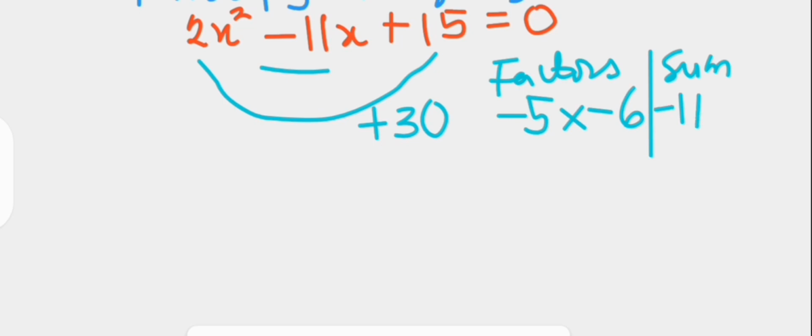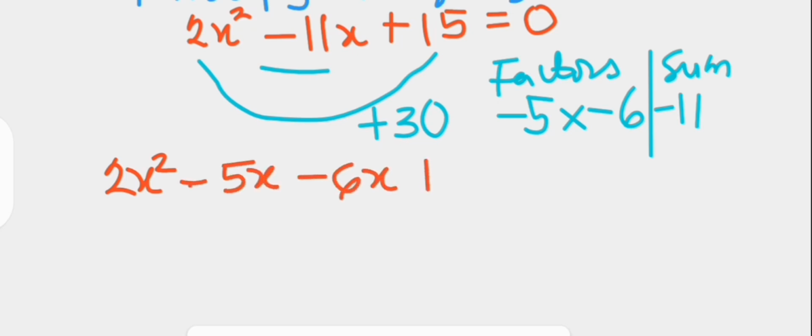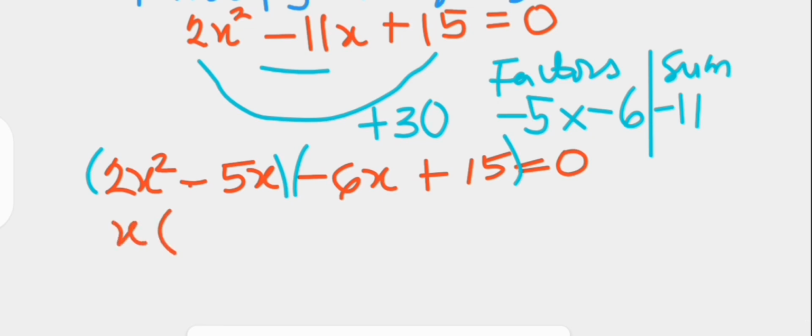The quadratic equation becomes 2x squared, then instead of negative 11x, we write minus 5x minus 6x plus 15 equals 0. We can group the four terms in 2's so as to know what to factor out. From the first group, x could be factored out, then in the brackets we have 2x minus 5.